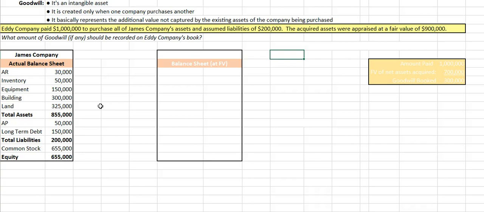It has no substance, and it could be attributed to maybe the fact that the company has a very good reputation, good management. Their management is very well known.